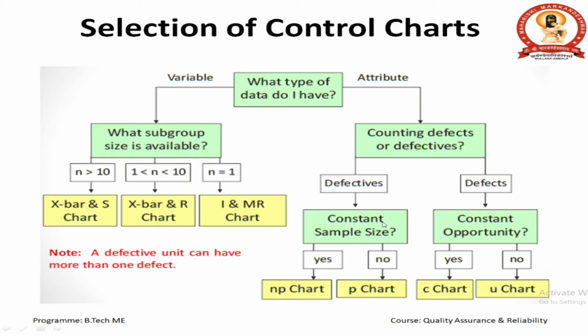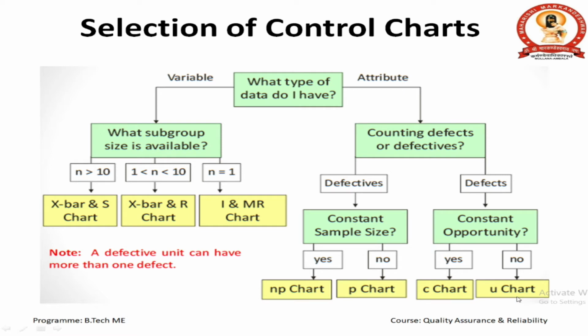And if you do not have a constant lot size, then you go for P chart. Now similarly, if you want to plot defects, whether you talk about total defects or defects per unit, if the sample size is constant, then go for C chart. If you don't have a constant sample size, or you can say lot size, you can go for U chart.